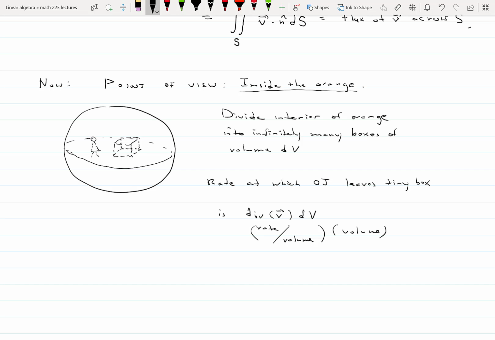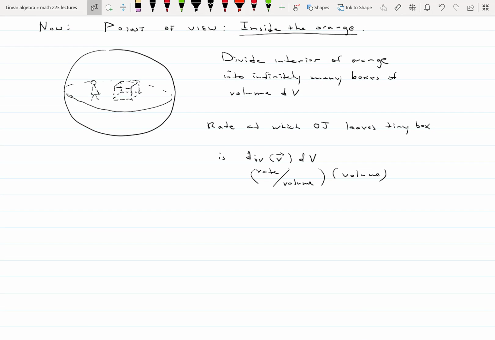So what if she wants to compute the rate at which orange juice leaves the entire interior? Well, she can take the rate at which orange juice leaves that one box and add it to the rate at which orange juice leaves the box right next to it, and the rate at which orange juice leaves the box right next to it. She can add up all those rates as she moves along the interior of the orange.